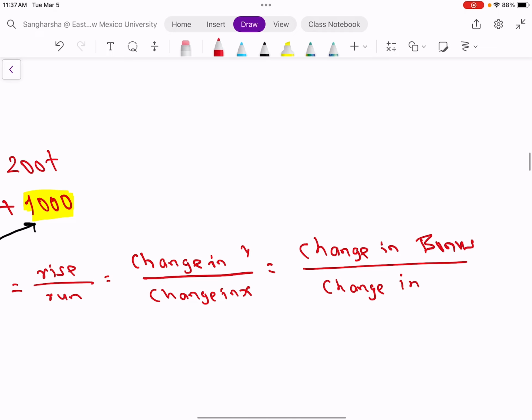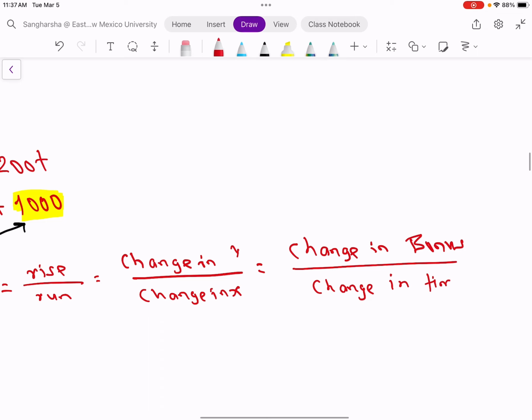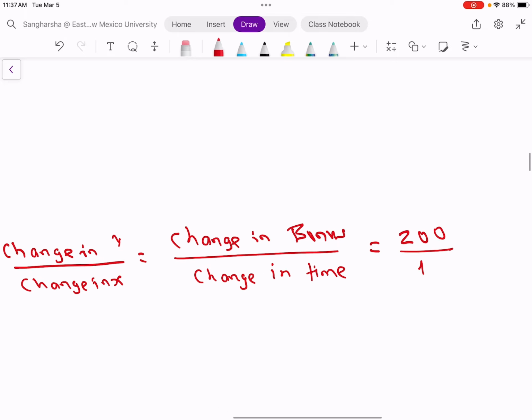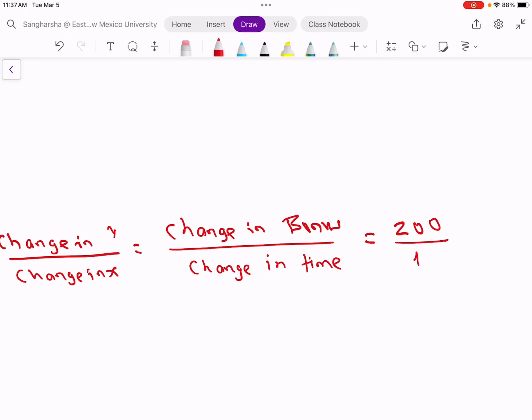X is time. And our slope is 200, that's what we know. The denominator, if it's nothing, is 1. So when the time changes by 1 year, what is the change in bonus? That's the $200. Or you can also say that as the time changes by 1 year, her bonus increases by $200. That can also be the way to interpret it.